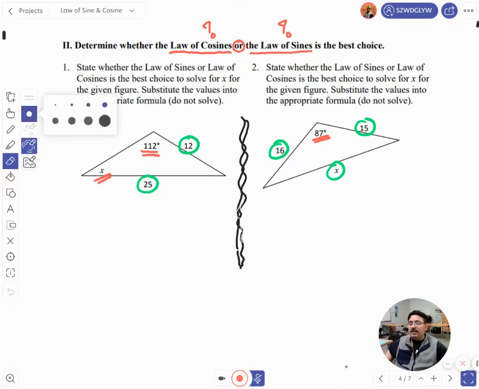Just a moment, please. Let me clear some part of this. Okay. So, we have two rules.